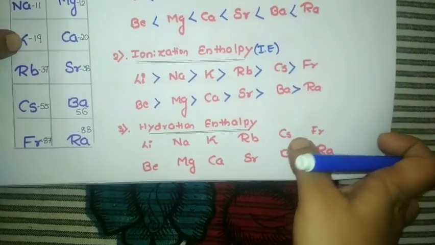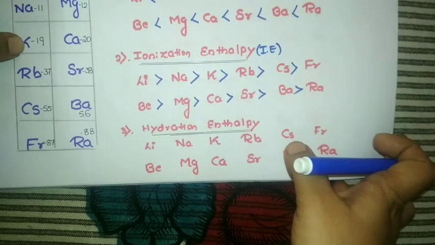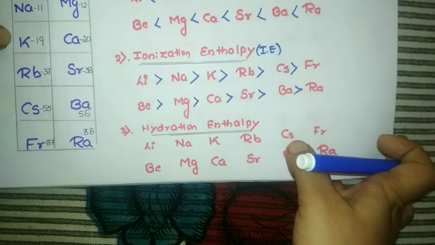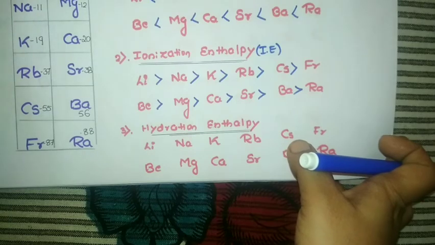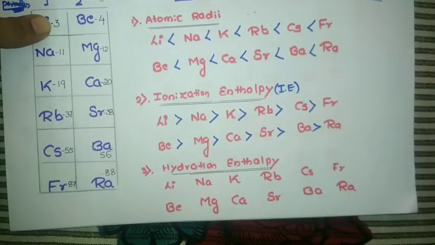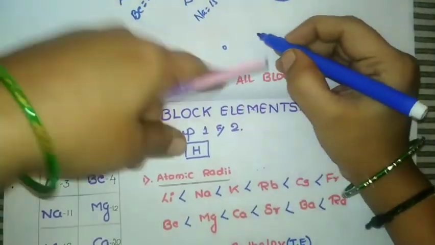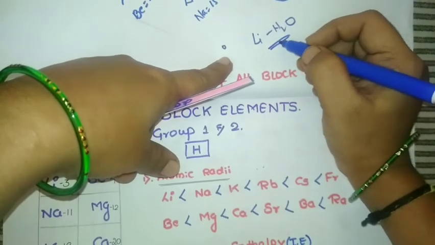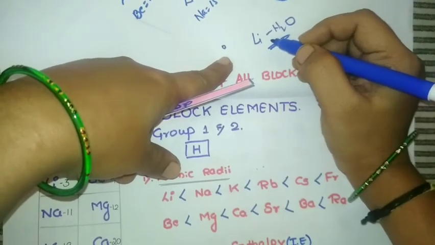Next one is hydration enthalpy. Hydration enthalpy is the amount of energy released when a new bond is formed between an element and a water molecule. Here, lithium wants to form a bond with a water molecule. That is the hydration that happens here.